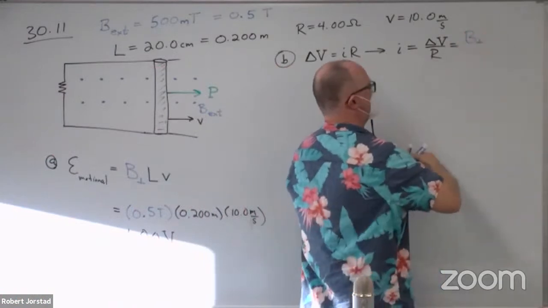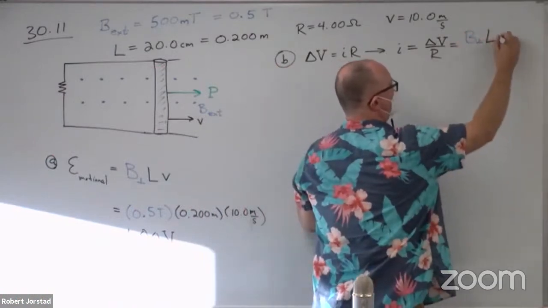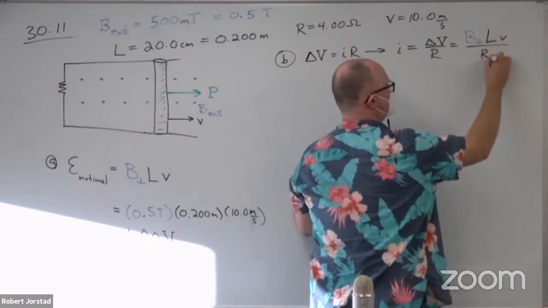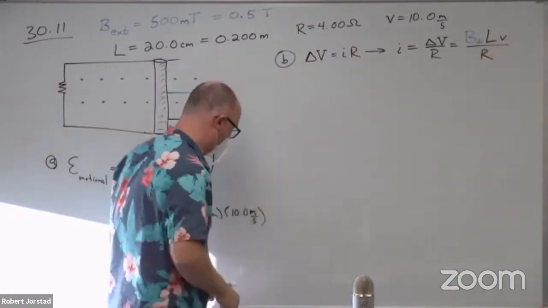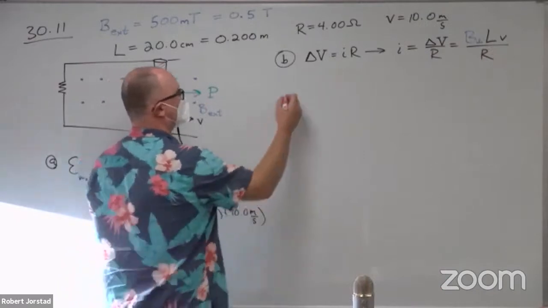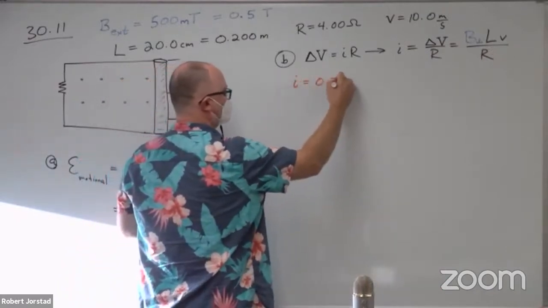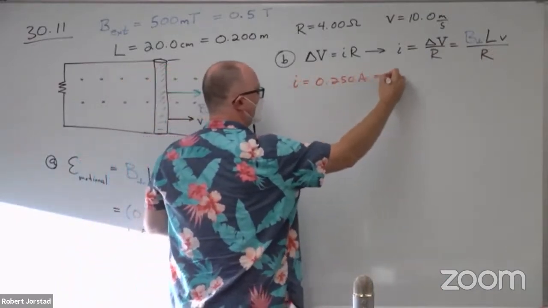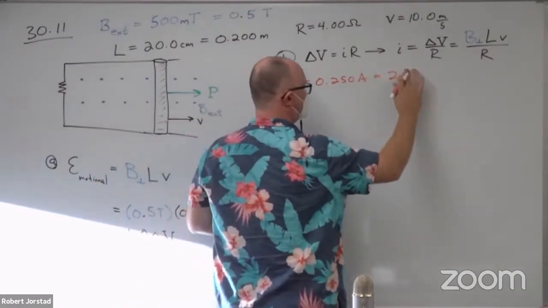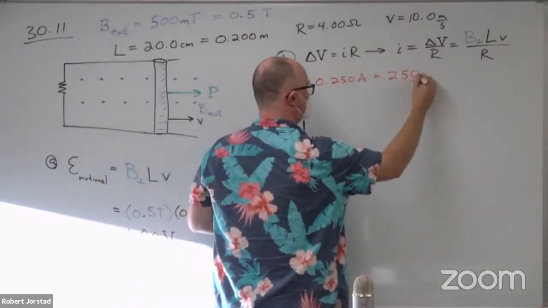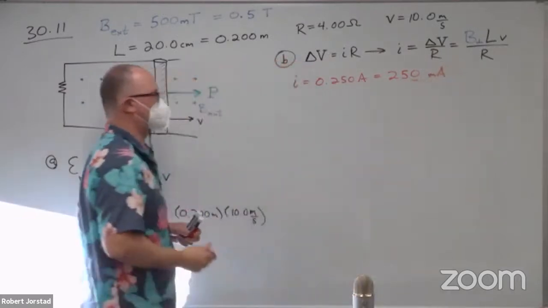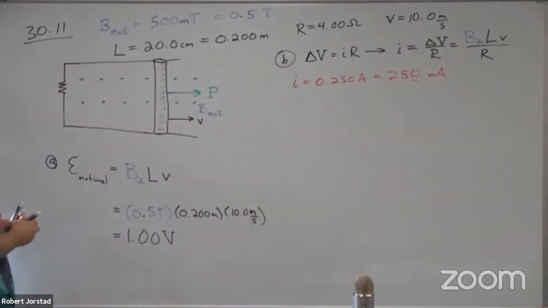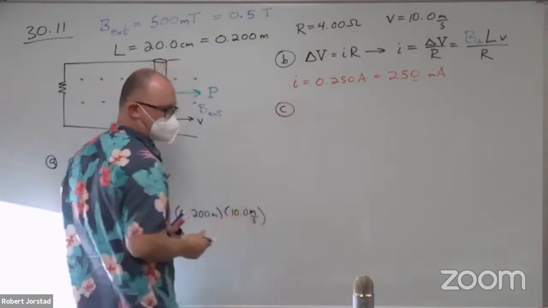B perpendicular L lowercase v divided by resistance. And I think in this problem, what does the current turn out to be? 0.250 amps or 250 milliamps. So far, so good.